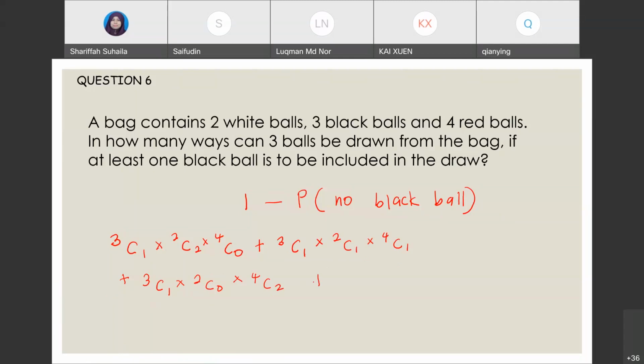Okay, that 1. Okay, lepas tu kamu kena repeat pula. 3 choose 2. Okay. So either choose 1 or choose 0. Okay, either. Okay, 3 choose 2. 2 choose 0. 4 choose 1.